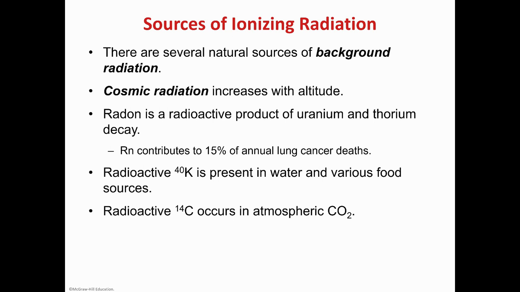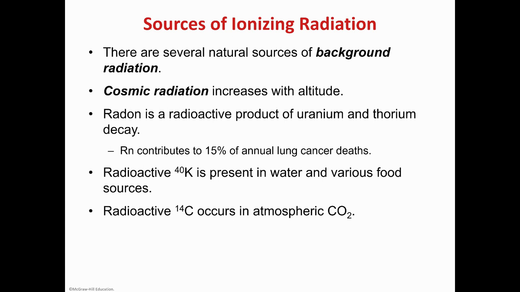Radon is a gas, and it contributes to about 15% of lung cancer deaths, but it's around us. It can be found underground. So people who live in the Midwest, when they have a basement, they need to pay attention to radon. And they usually have radon detectors, because if you have an old home, you don't want that radioactivity to seep in, especially if you're hanging out there for long periods of time.